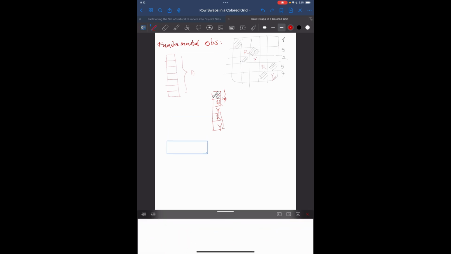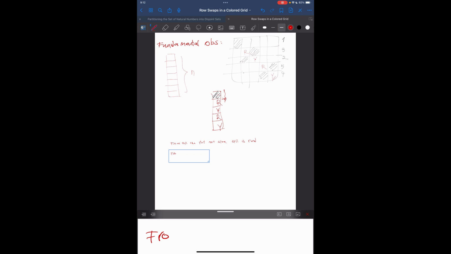Okay, let me write it from top. The first not blue cell is red.